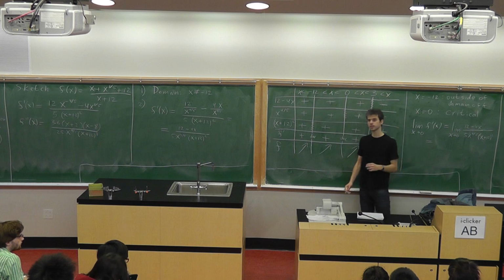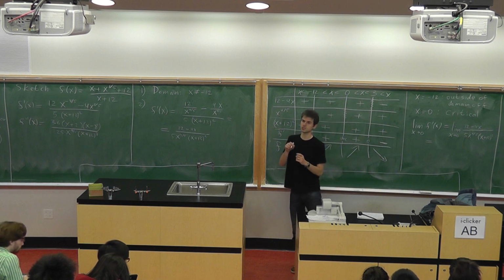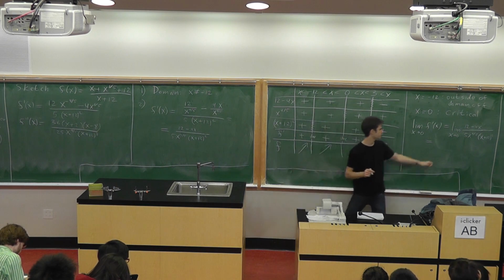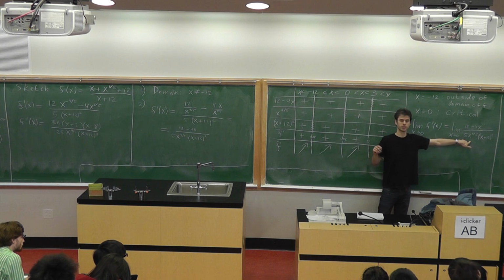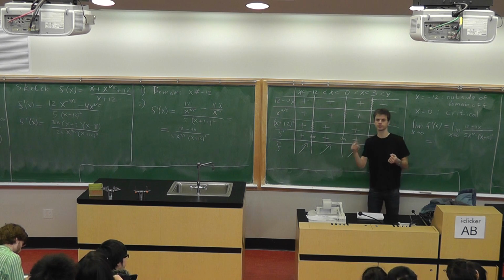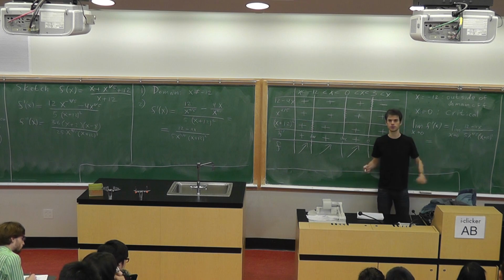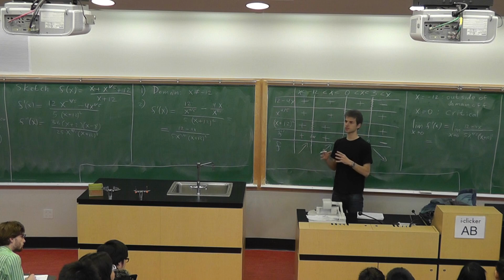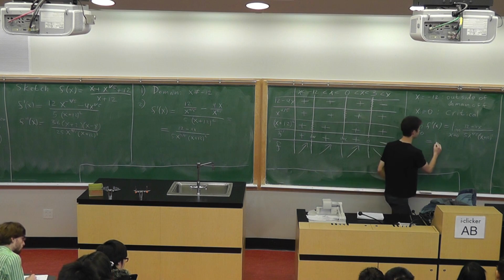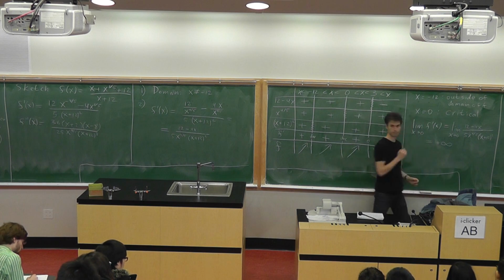This part is a small and positive number. That's important. Regardless of whether x approaches 0 from the left or from the right, this thing is small and positive. So the overall quotient is large and positive. So this limit is plus infinity.